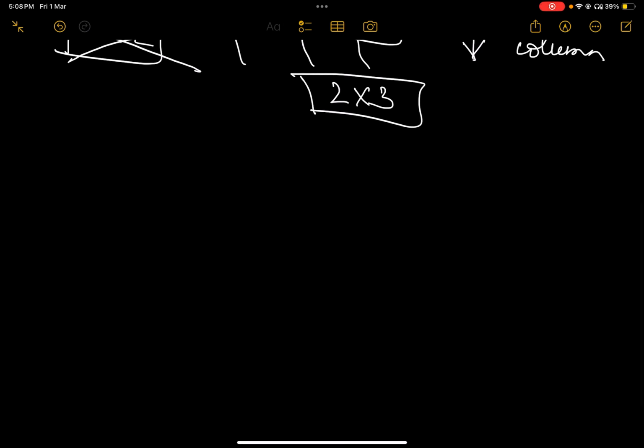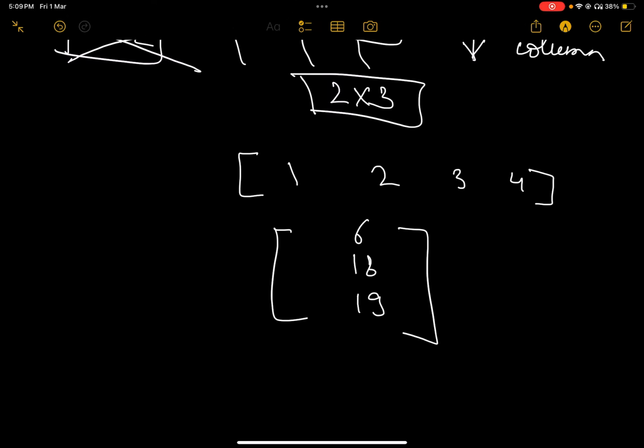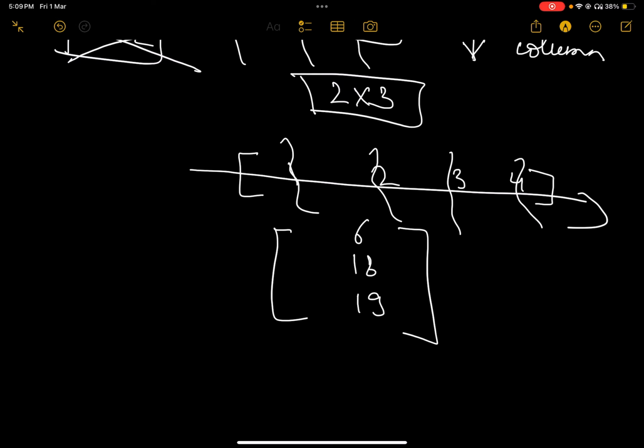Okay. So we are done with order of a matrix. Can you tell me the order of this matrix or this matrix? Both of these matrices. One row and four columns, 1 cross 4.